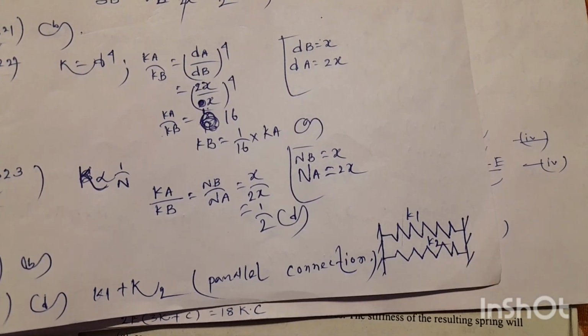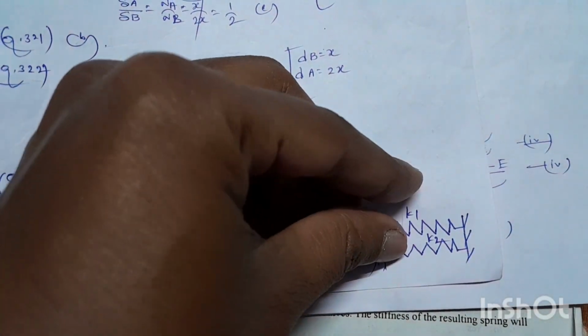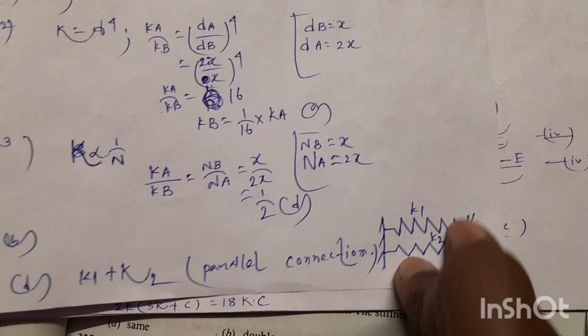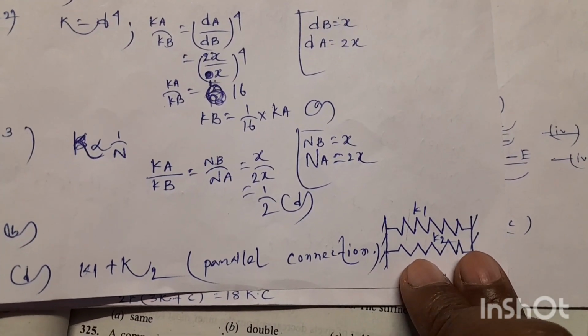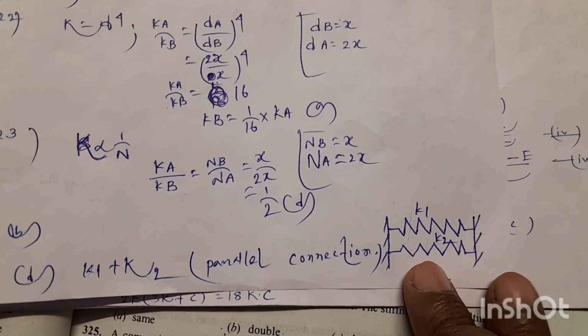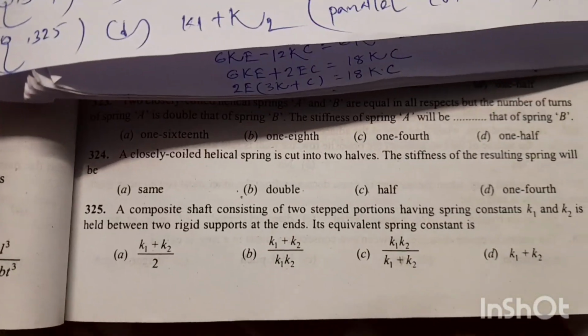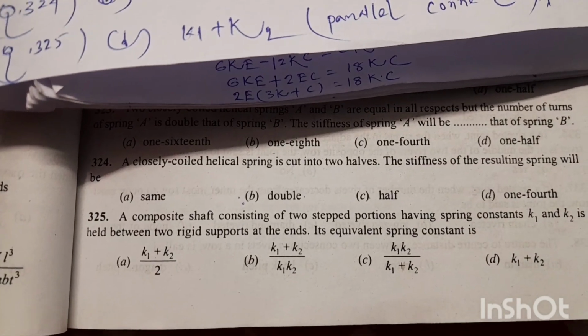So from the figure we can see this is a parallel connection of the spring. So for the parallel connection, the equivalent spring constant will be K1 plus K2. So for question number 325, option number D is the right answer.